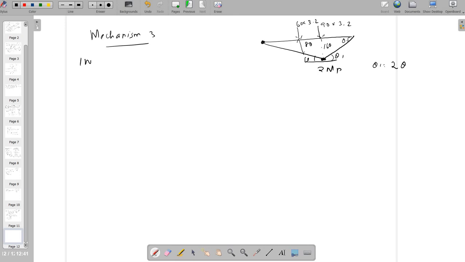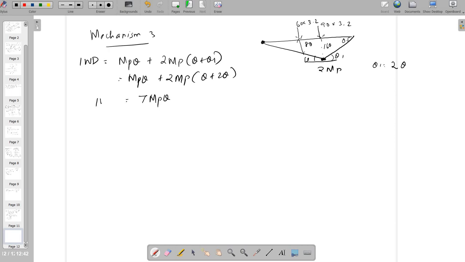Here it is theta 1. So now writing the internal work done at the left support MP into theta plus under the load 2 MP into theta plus theta 1. So MP theta plus 2 MP theta plus 2 theta. So 3 theta, 3 2s are 6. So totally 7 MP theta is the internal work done. The external work done is under the load 60 into 3.2 into 8 theta, because the deflection under the 60 kilonewton is 8 theta, and 90 into 3.2 into 16 theta.